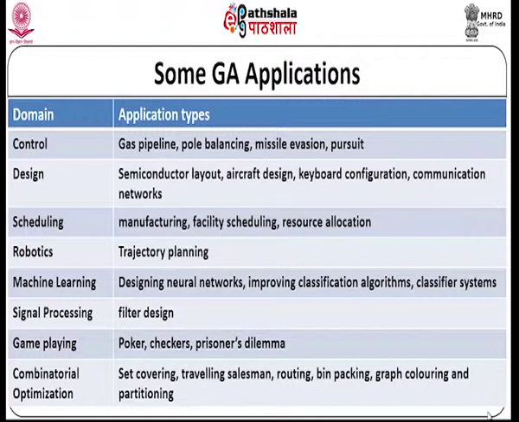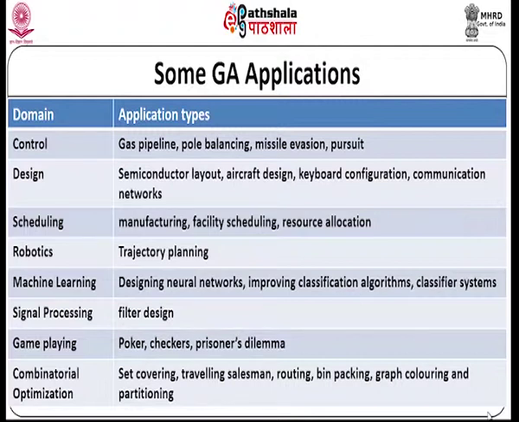Then scheduling problems, such as scheduling of aircraft, facility scheduling and so on. Then you have trajectory planning, another operation that we do. Then you have machine learning applications like optimization, improving the algorithms and so on.